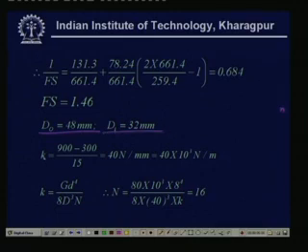What is this particular spring stiffness K, or spring rate, spring constant, whatever you may call it? It is 900 minus 300 divided by 15, that was the displacement for the load of 900 to 300. So, we get the value of K as this much, and in terms of Newton per meter we get it this way.